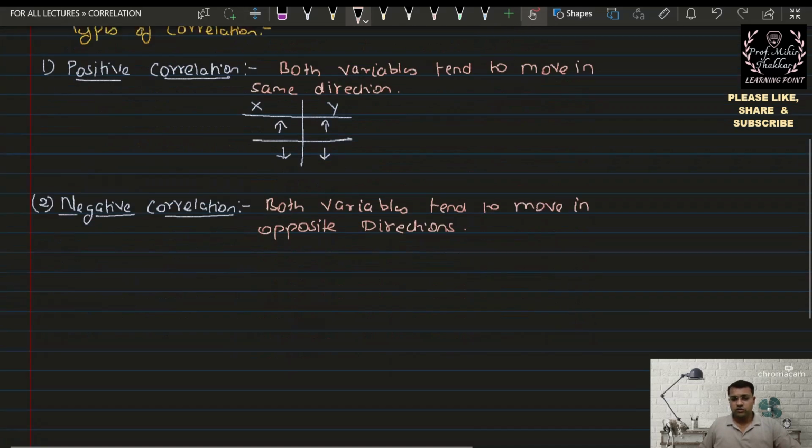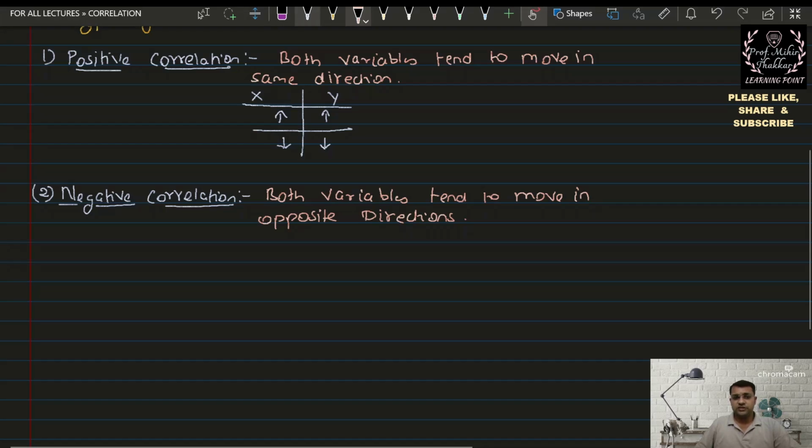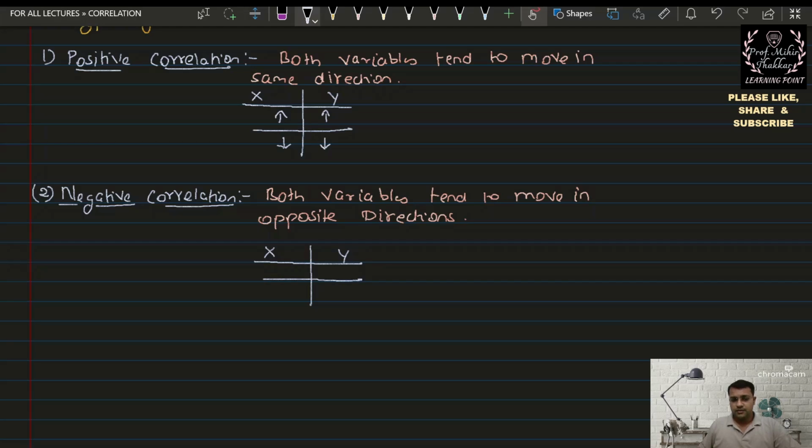So when you talk about tend to move in opposite directions, if I have the variables x and y again, if x increases then y can decrease, or if x decreases then y can increase, like we saw in the above example of price and demand of a product.